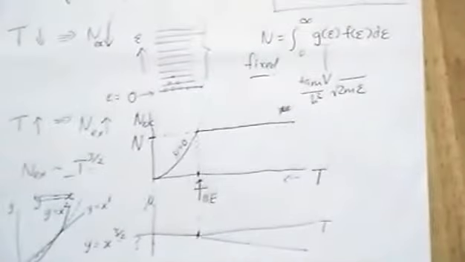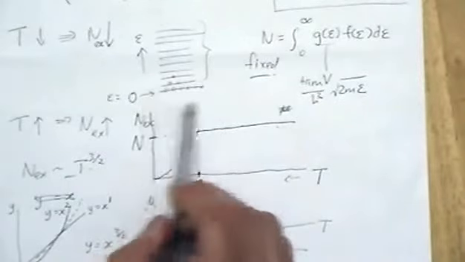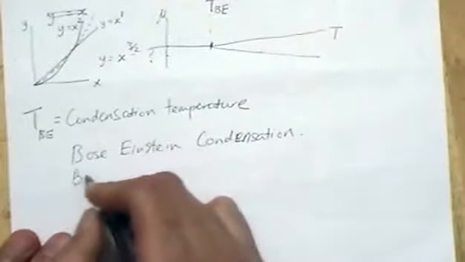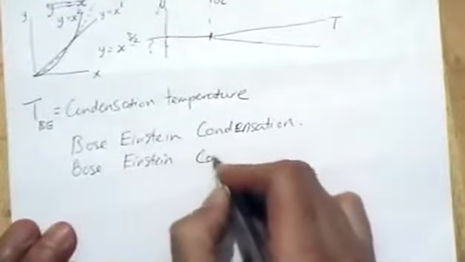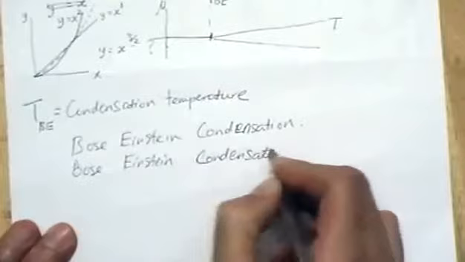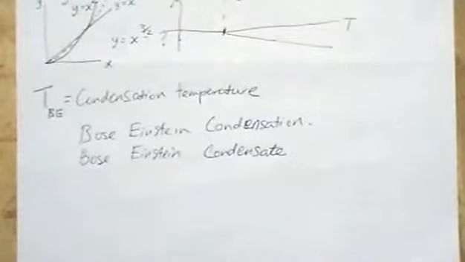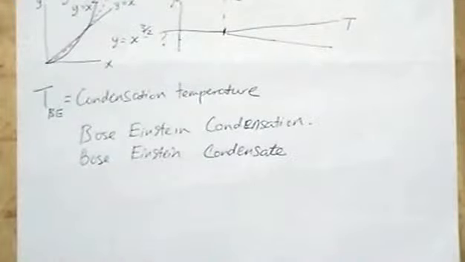The particles that would have gone to the ground states, all these particles in the ground state, have a name. They are called the Bose Einstein condensates. Just as when steam condenses into water, we say that water is the condensate of steam. So here we call the particles in the ground state the Bose Einstein condensate.